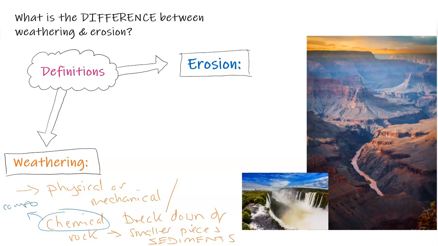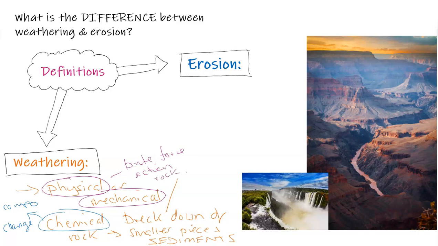You'd change it due to the rearrangement or addition or subtraction of atoms, elements within the rocks as you're breaking it down. And the physical, or another term is mechanical weathering, is just the brute force action of breaking down rock, usually with other rocks. So it's rock on rock.